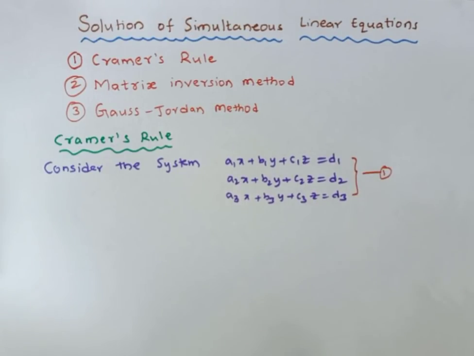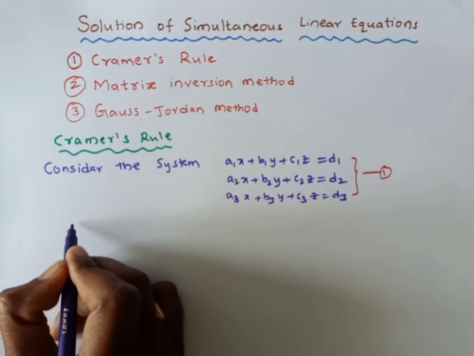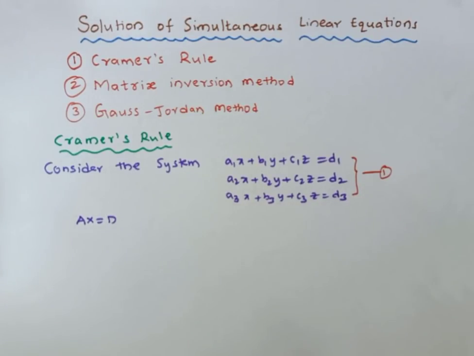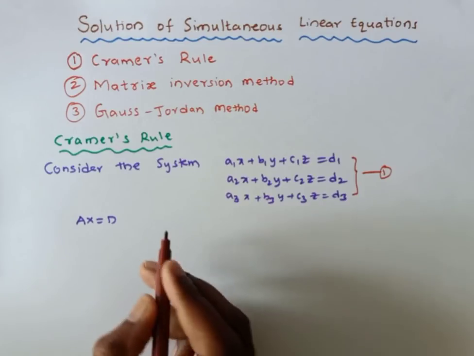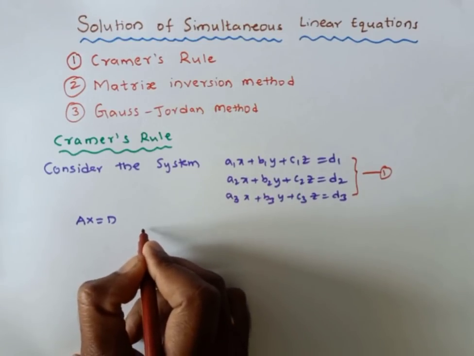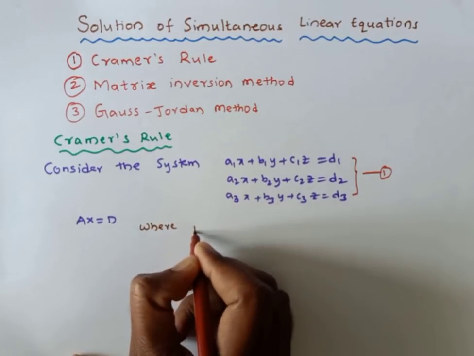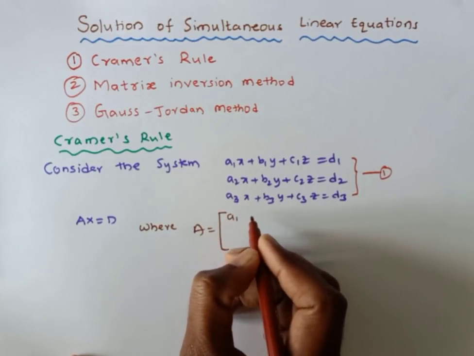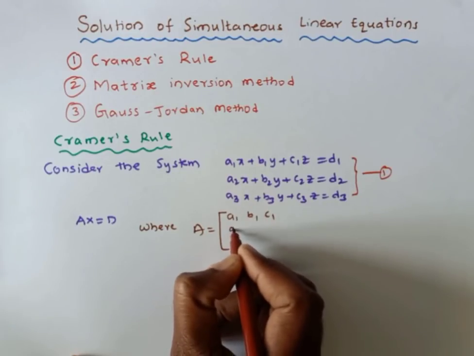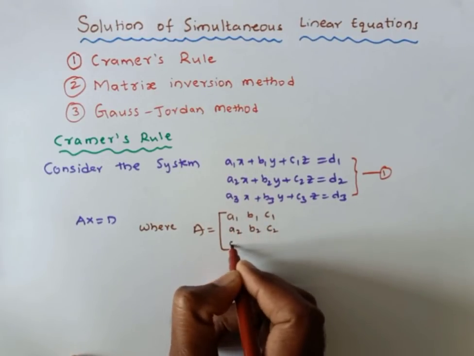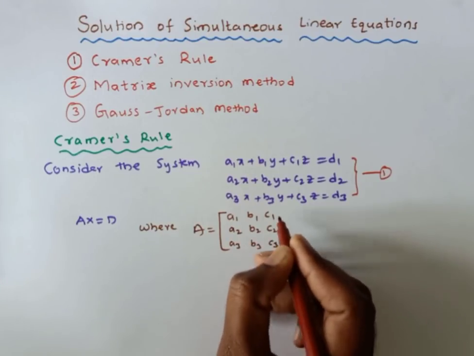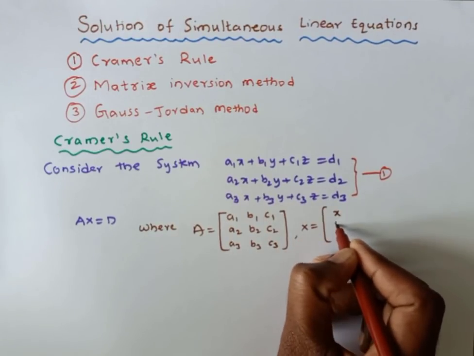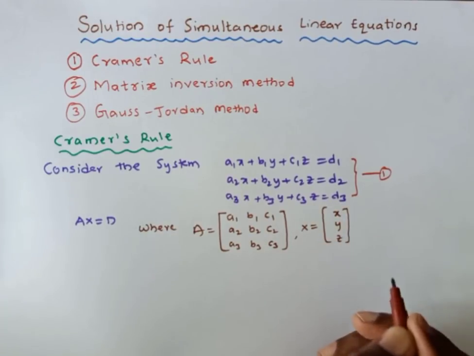As we know, equation 1 can be expressed in the form of a matrix equation, AX equals D, where A is the coefficient matrix, that is a1 b1 c1, a2 b2 c2 and a3 b3 c3, and X is known as the variable matrix, which contains only the variables x, y, z.